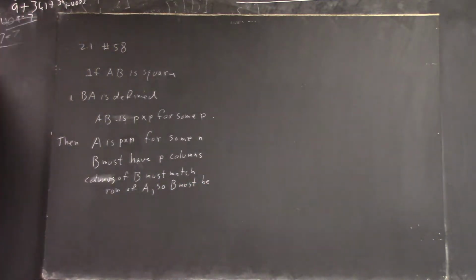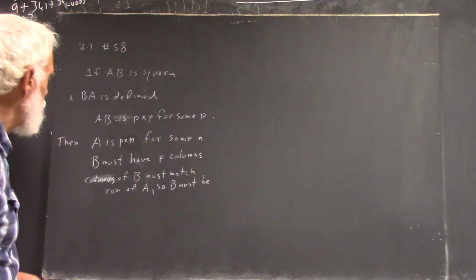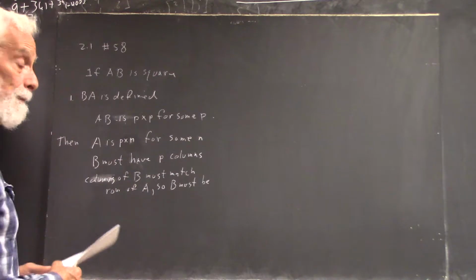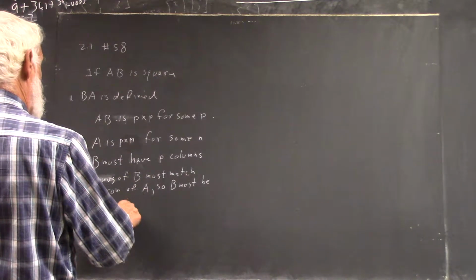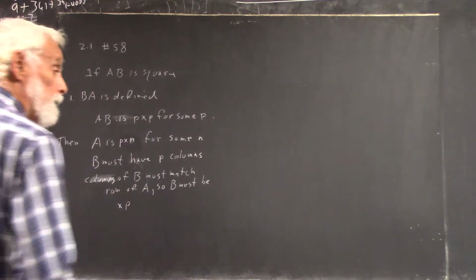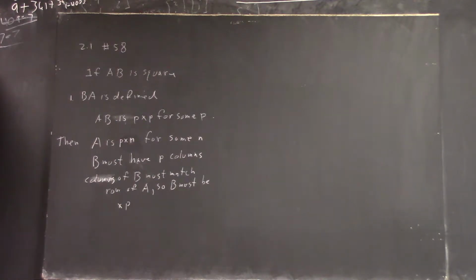So matrix B must be what? Okay, well, it's got P columns. It's got to be something by P, right? Greater than or equal to 1.